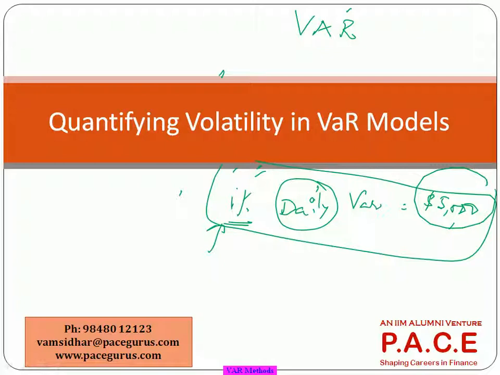And there are 2-3 traditional methods in the computation of this VAR. Some of them are parametric methods. When I say parametric, you are actually computing the mean, standard deviation, some of the parameters of the data, and based on that you are deriving the VAR.